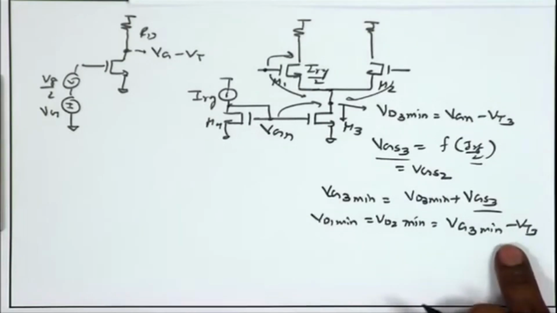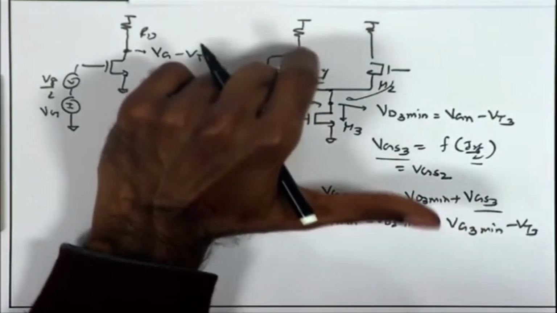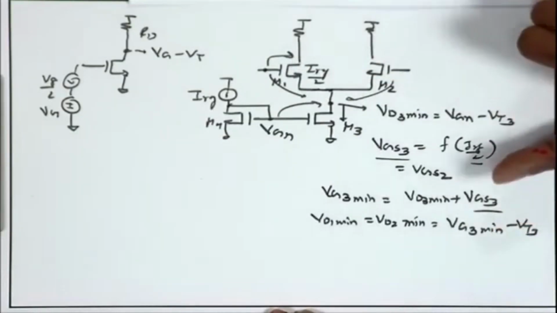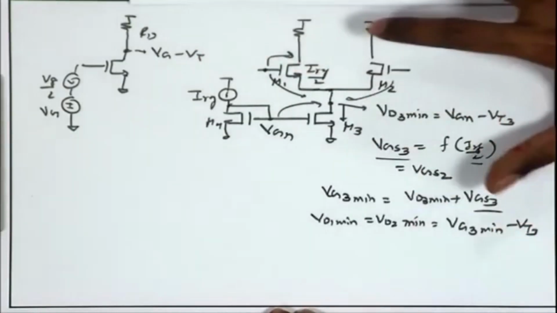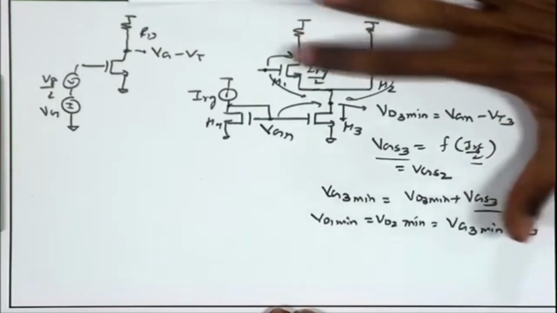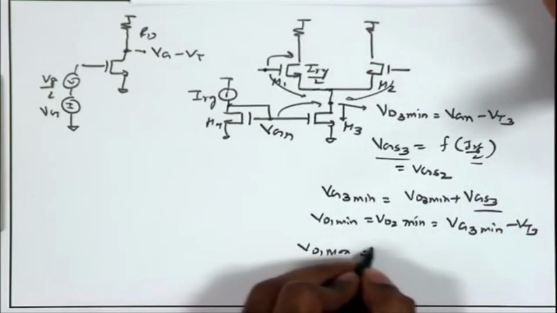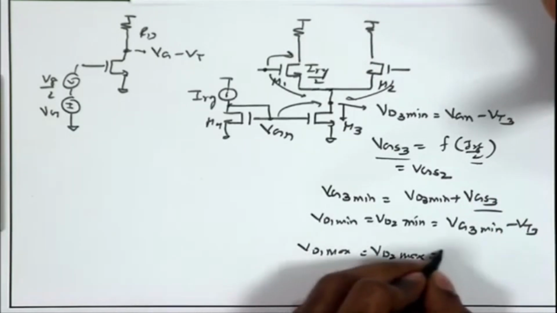So, this gives us the limit on the minimum drain voltage that I can have for M1 and M2. For a resistive load, the maximum voltage at the M1 and M2 drains is just VDD.